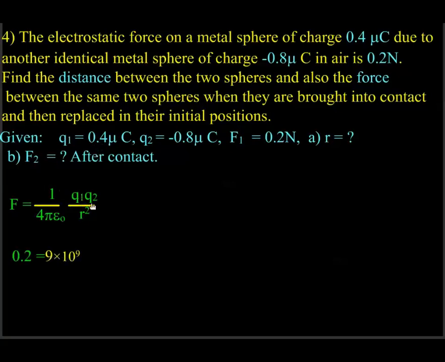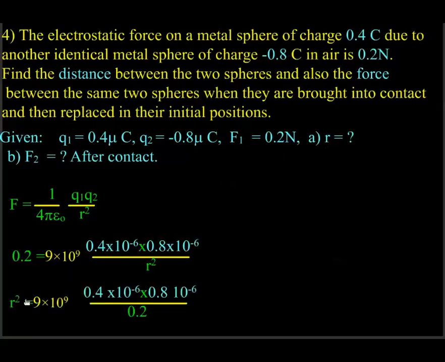Q1 this much, Q2 this much, and divided by the distance square r square. So cross multiplying, we get r square is equal to 9 into 10 to the power of 9, this much, divided by 0.2. This 0.2 is cross multiplied here because we have to calculate the value of r.